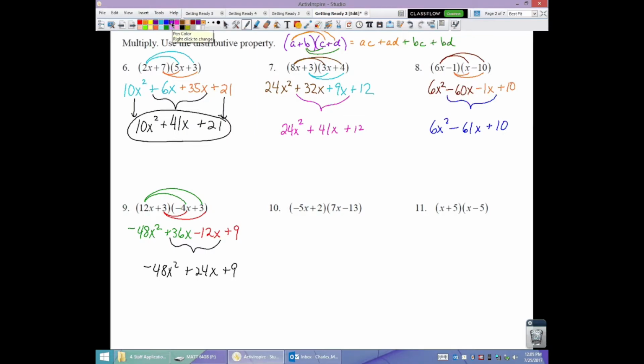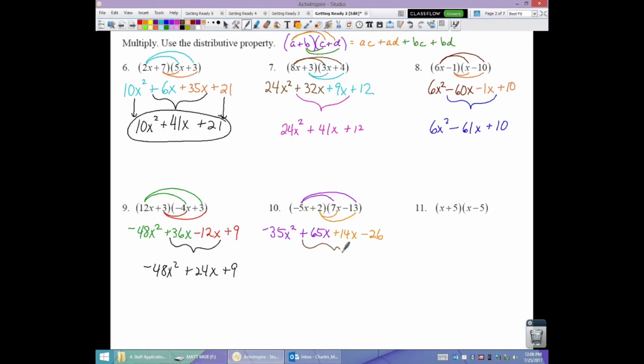All right, number 10, distributing the negative 5x. I see negative 35x to the second plus, since a negative times a negative is positive, 65x. Distribute the 2 times 7x, 14x, 2 times negative 13, negative 26.